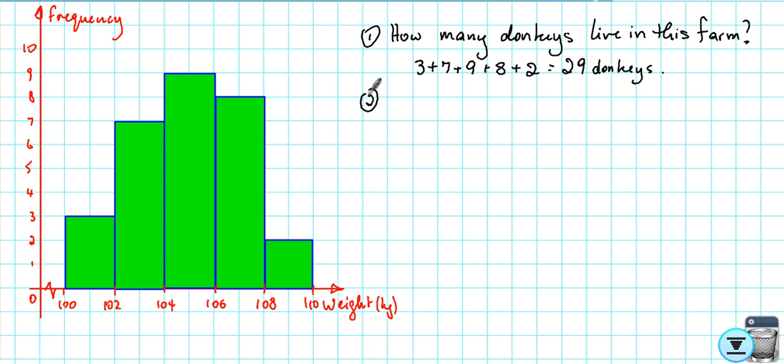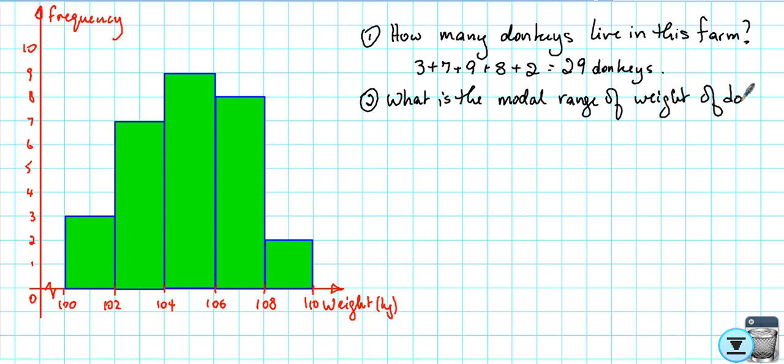That was question number 1. Question number 2, what is the modal range of weight of donkeys? Remember when we made those tables? The modal range. So, the most common, the mode is the most common.